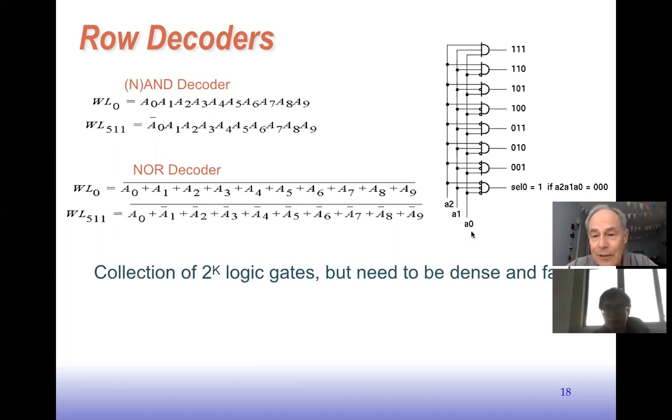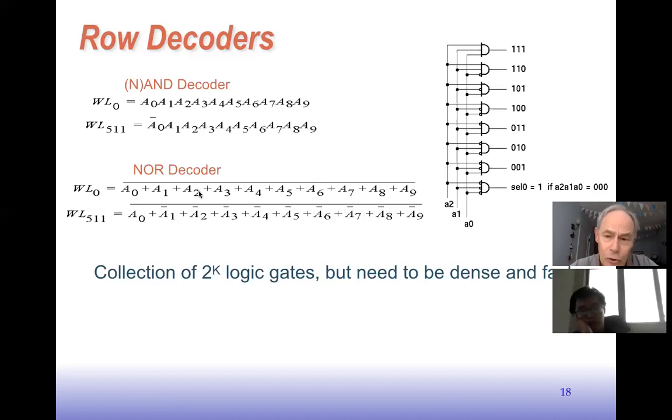So it takes the address in, and it just does a pattern matching between the address to activate one of these outputs. So we can do that easily with NAND gates. They'd be very large NAND gates, for instance. For this memory array that had 512 rows, we'd have to have 10 inputs into these NAND gates. So we have to find a way to make it a little more practical.